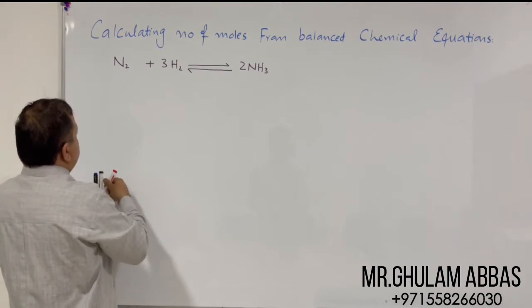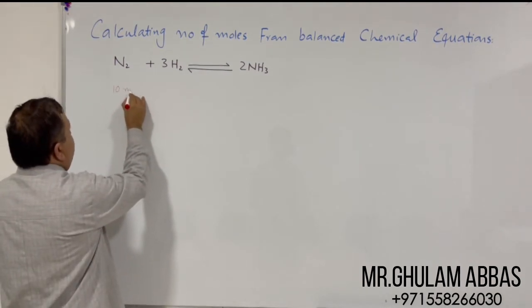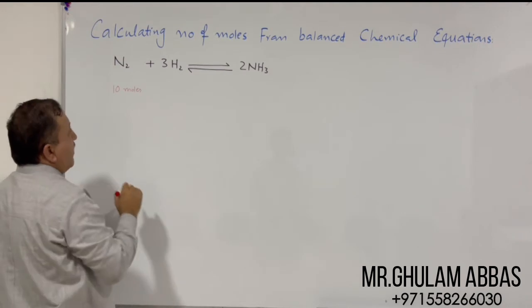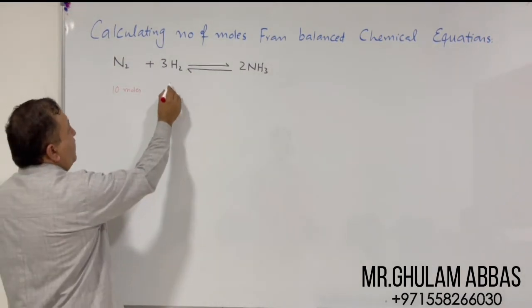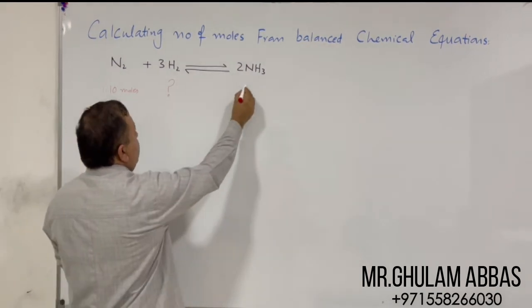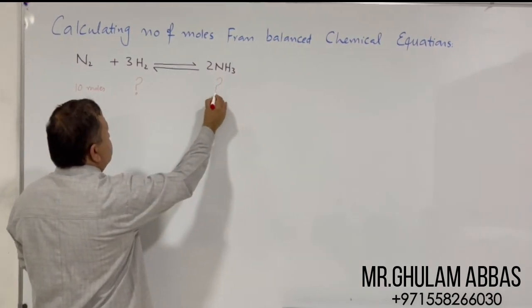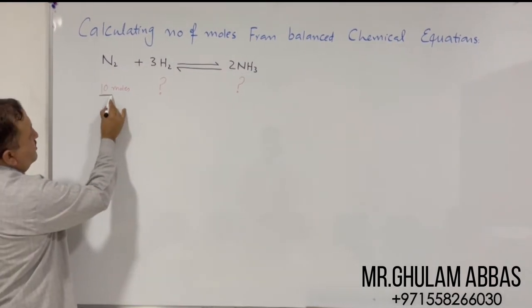Suppose we have 10 moles of nitrogen and we want to calculate how many moles of hydrogen are required, how many moles of ammonia are produced from 10 moles of nitrogen.